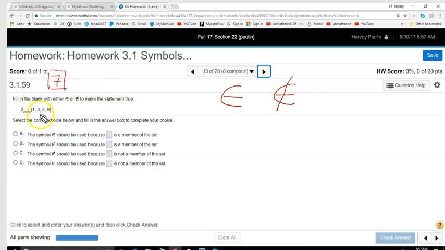You want to make this statement true. Which would you pick out? And it looks like letter C. The symbol is not an element should be used because 2 is not a member of the set.